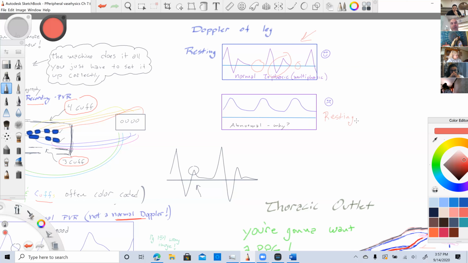We only have triphasic flow when we're resting. As soon as we start exercising, triphasic flow goes away. That's one reason why you have to rest your patient before you start examining. Triphasic flow goes away like that because all the arteries open wide open. That Windkessel effect is really no longer a problem because blood's just going through as fast.